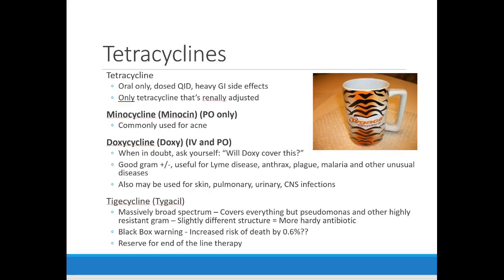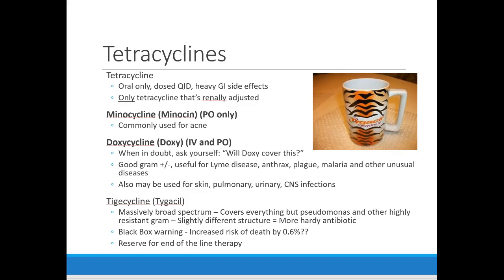There are a couple different tetracyclines on the market. There's basic tetracycline, which we really don't use anymore. Minocycline isn't commonly used either, maybe only for acne. Doxycycline is probably the most common one. It's useful for a number of things. It covers a lot of really random stuff. It's sort of like a jack of all trades. It covers Lyme disease, anthrax, plague, malaria, a bunch of other stuff like that.